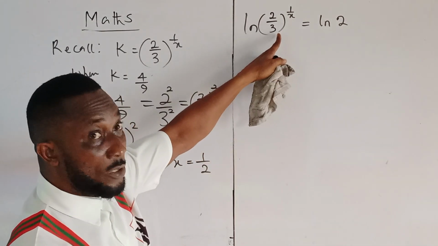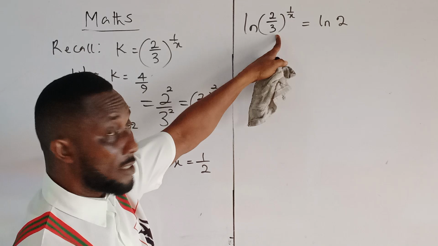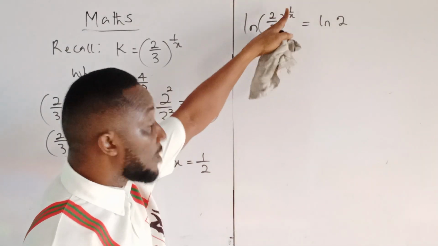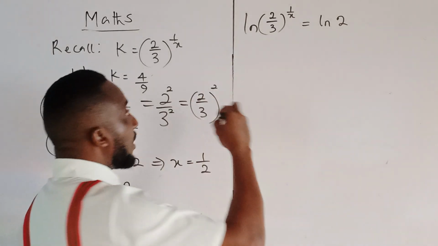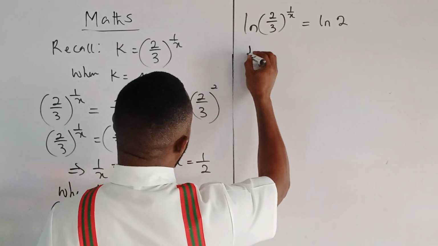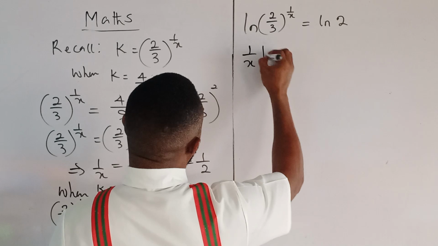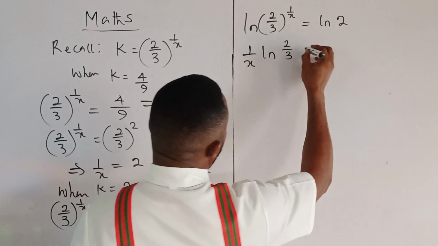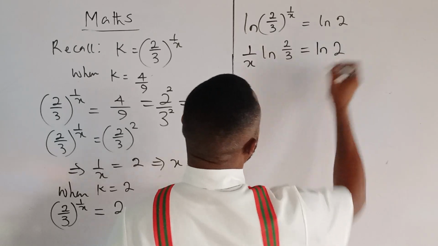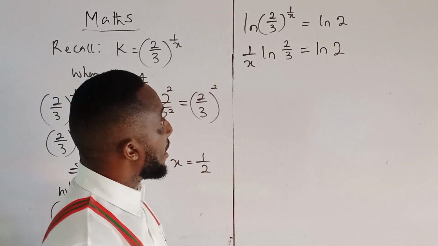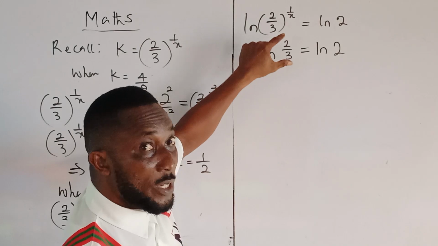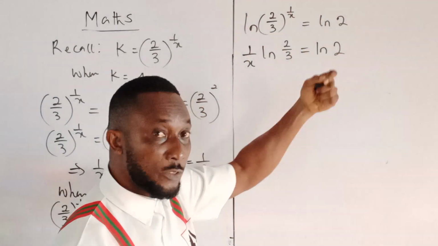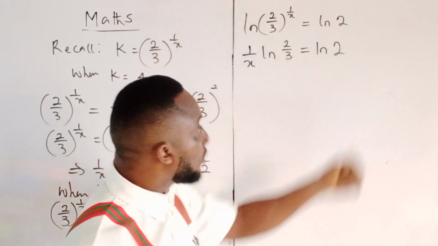Then, according to the power rule of logarithm, if the argument of a logarithm is raised to an exponent, the exponent will come to the front. I am going to have 1 upon x ln of 2 upon 3 equal to ln of 2. Now again, when the argument of a logarithm is a division, we use the division or subtraction rule.